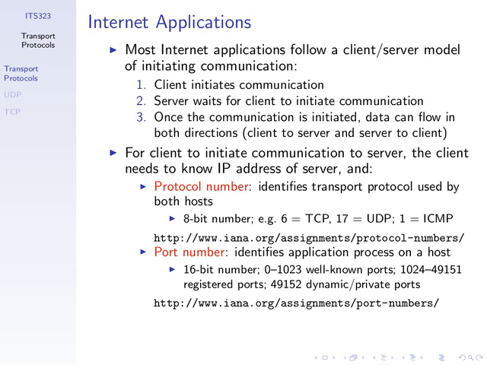So for my client to send something to the server application, I need to know the IP address of the host of that server application, the transport protocol being used, TCP in this example, and the port number of the server application itself.